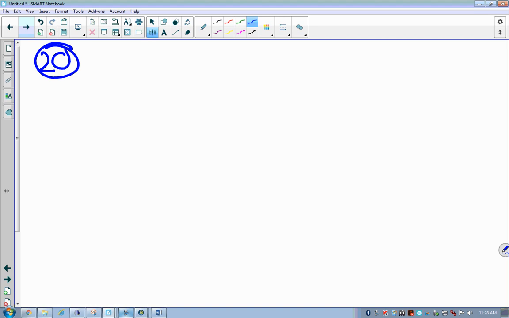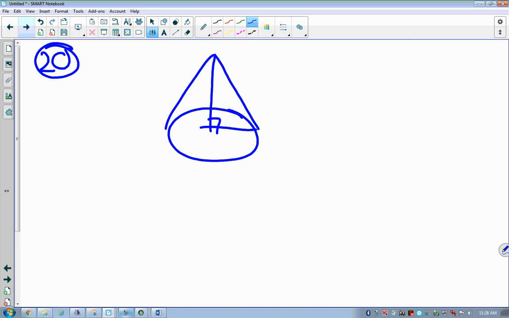Number 20, find the surface area of a right circular cone whose slant height is 9 inches, whose base has a radius of 3 inches. All right, so we got this right circular cone. Slant height is 9 inches, radius of 3 inches, and we want the surface area. Well, the surface area of a cone is pi r squared plus pi r l.